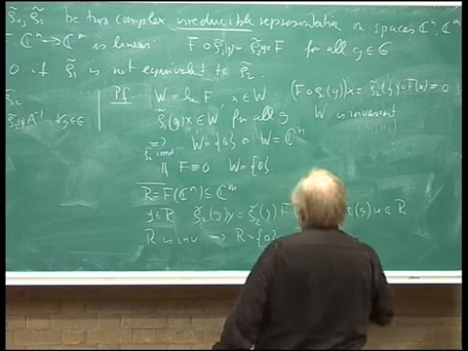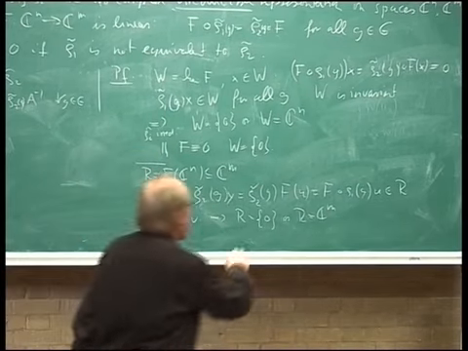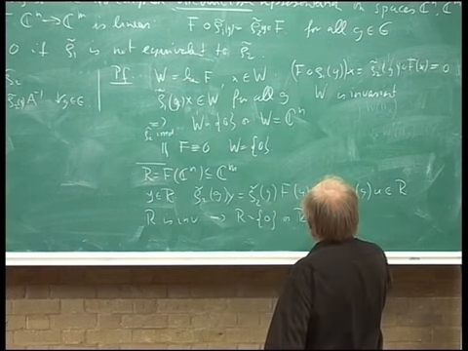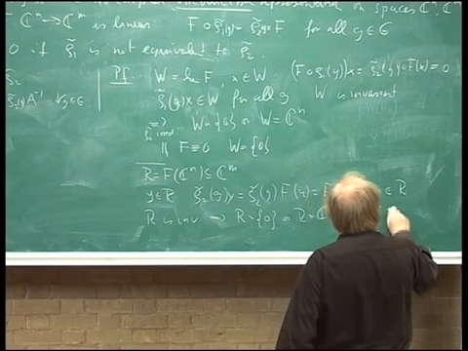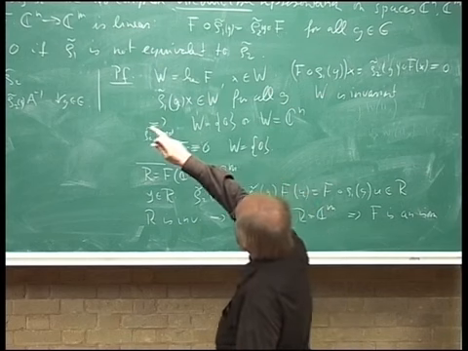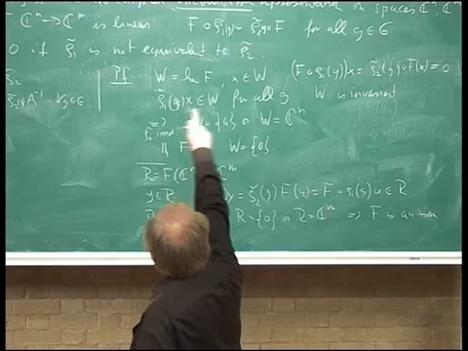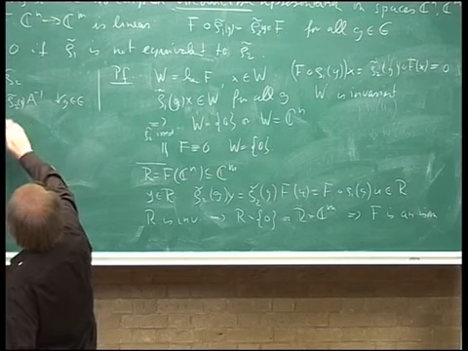And if R is 0, we are again in the case where F is 0, so we are in this case, and this implies F is an isomorphism. And if F is an isomorphism, then of course this equation which is written here implies this equation which I have written.